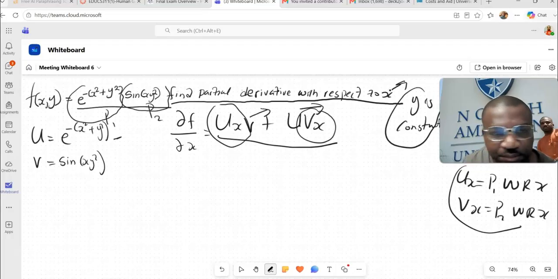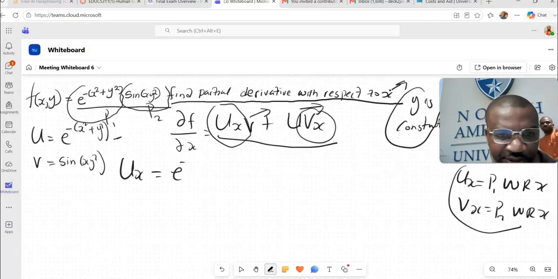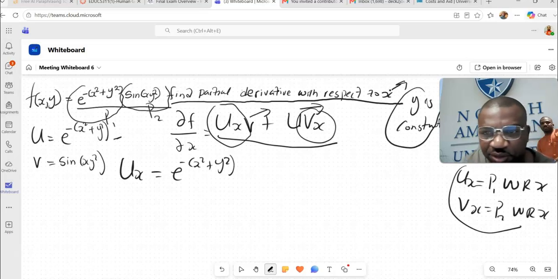Let me say Ux, which is the partial derivative for product 1. Here we have it as e exponential negative x to the power 2 plus y to the power 2. The question says with respect to x, which means y remains constant.